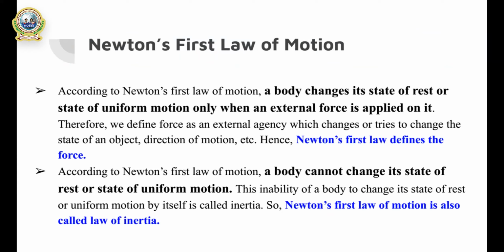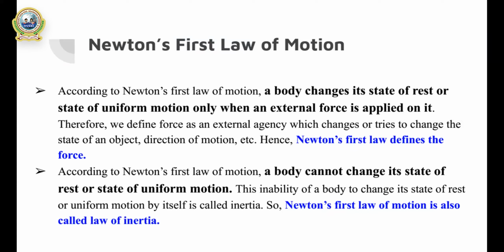It says that every body continues in its own state unless a force is applied on it. You can also state Newton's first law of motion in another way: a body changes its state of rest or state of uniform motion only when an external force is applied on it.